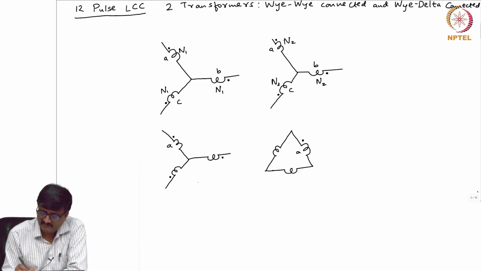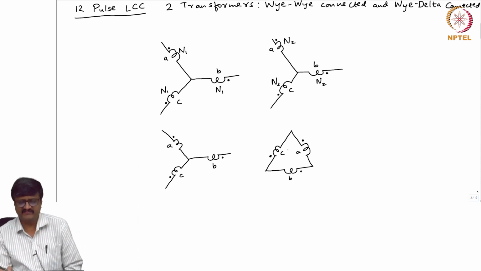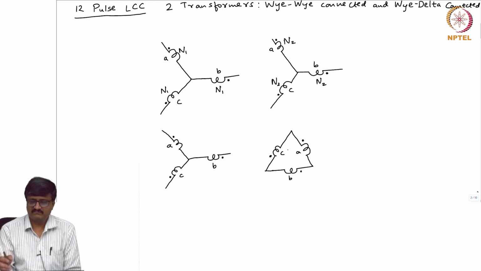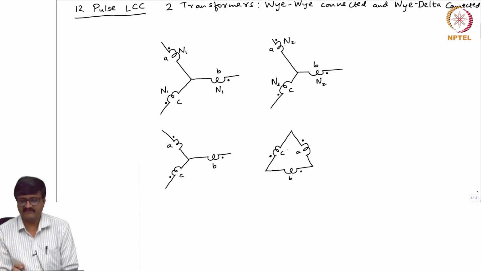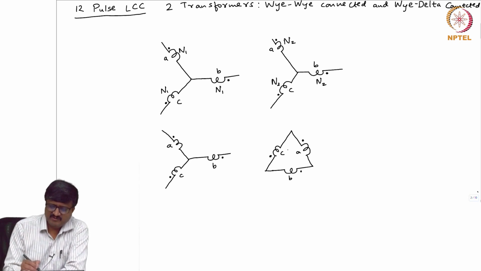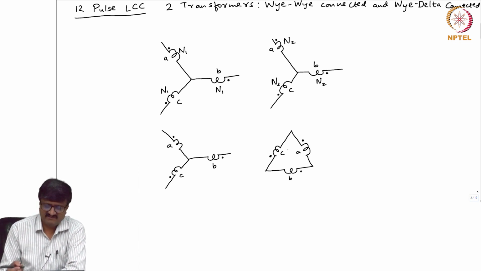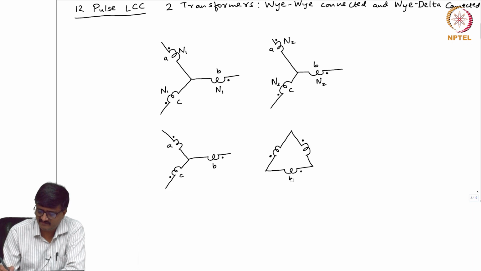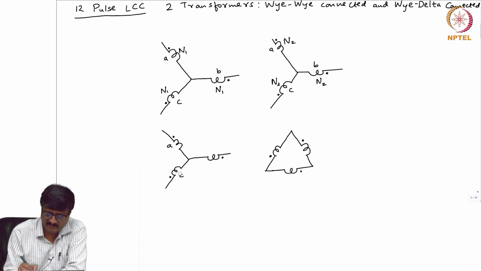Similarly, if this is B phase, this is B phase, and if this is C phase, this is C phase. If you look at B phase again, if the dot is shown to the right on the primary side, even on the secondary side we show it to the right. I wrote this ABC just for the sake of explanation, showing the dots and the location of the dots. I no longer need this in the further analysis, so I will erase it.